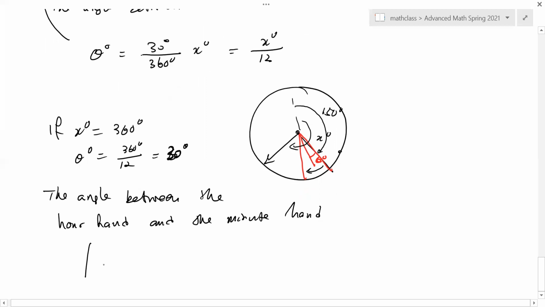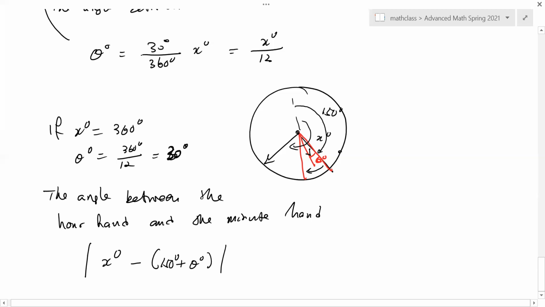One is the x degrees, minus 150 degrees plus theta degrees. Do you agree? Yeah, that is it, right?